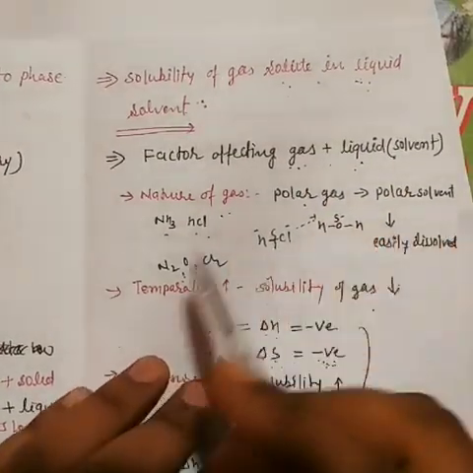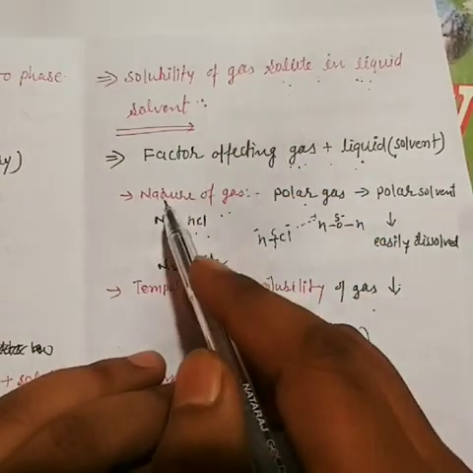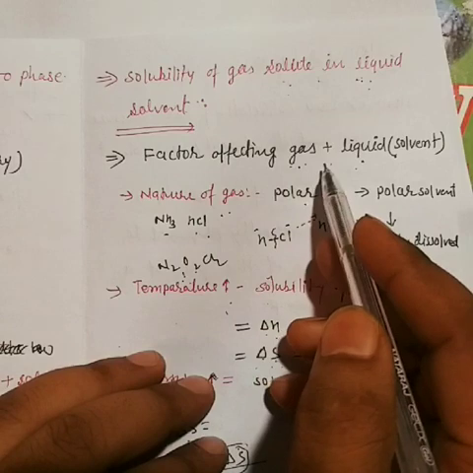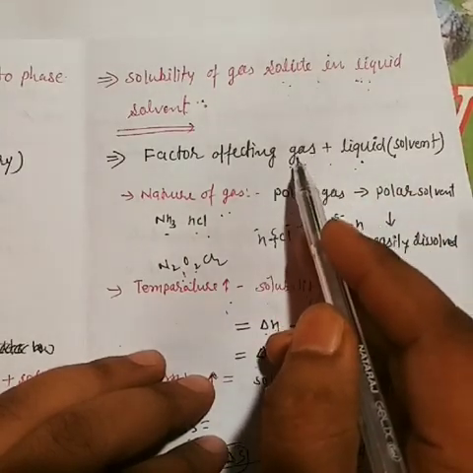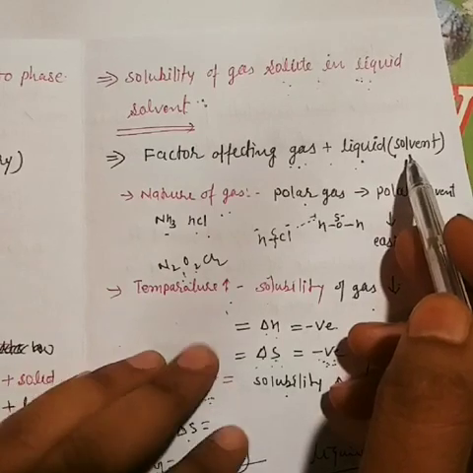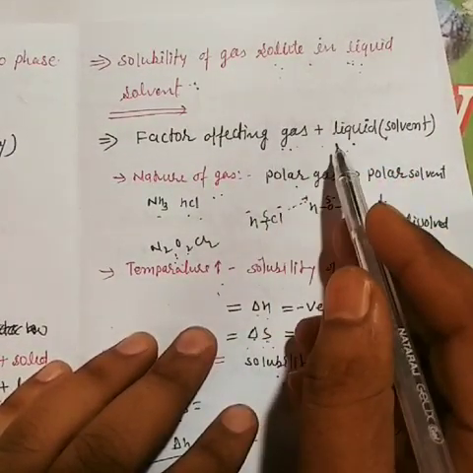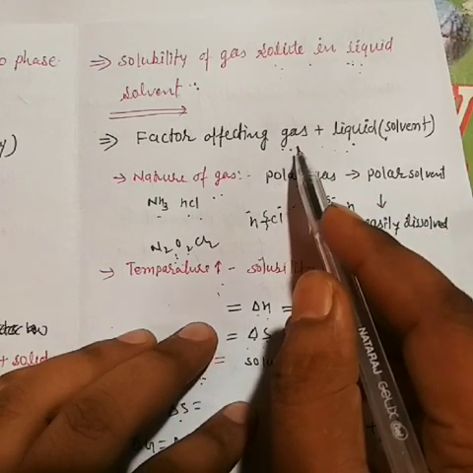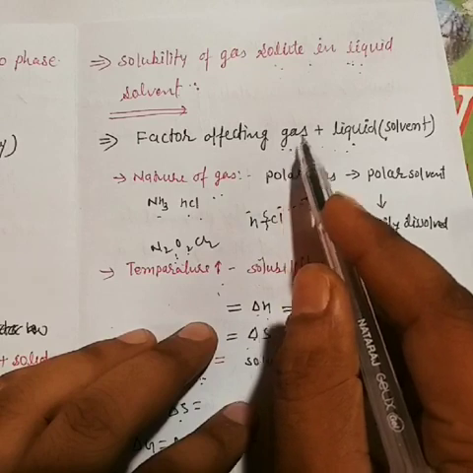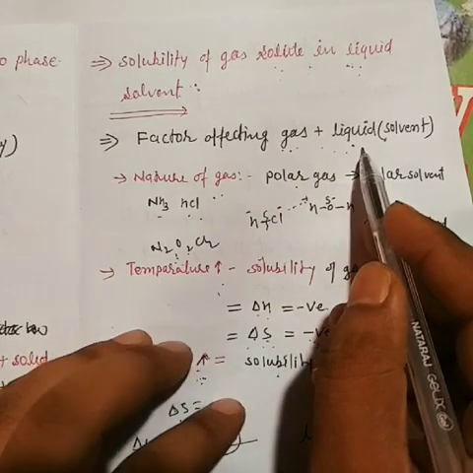First, let us categorize our heading: factors affecting gas as solute and liquid as solvent, on the basis of Henry's law. What is needed? The gaseous form which is the solute, and the solvent which is in liquid form.